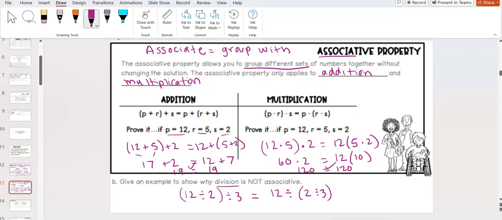Okay, so 12 divided by 2 is 6. 6 divided by 3 is 2. So 12 divided by 2 divided by 3 is 2. And then if I do 12 divided by 2/3, I can do fractions: 12 times 3 over 2, which, cross canceling, gives me 18. So this would be 18. Well, 2 and 18 are not the same, so these do not equal each other.